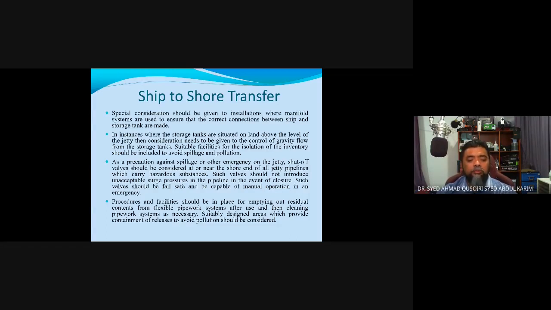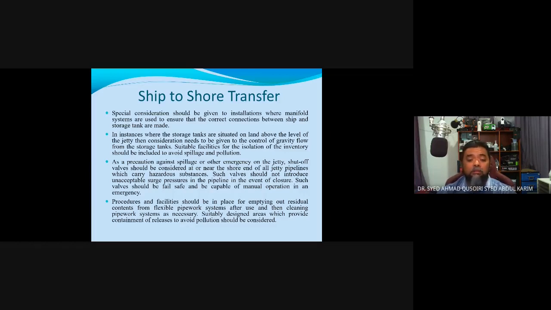So as a precaution against spillage or other emergency on the jetty, shut off valve. So there must be a system to suspend the operation when there is a problem. So such valves should not introduce unacceptable surge pressures. Okay. So you cannot just shut down the pipeline instantly.